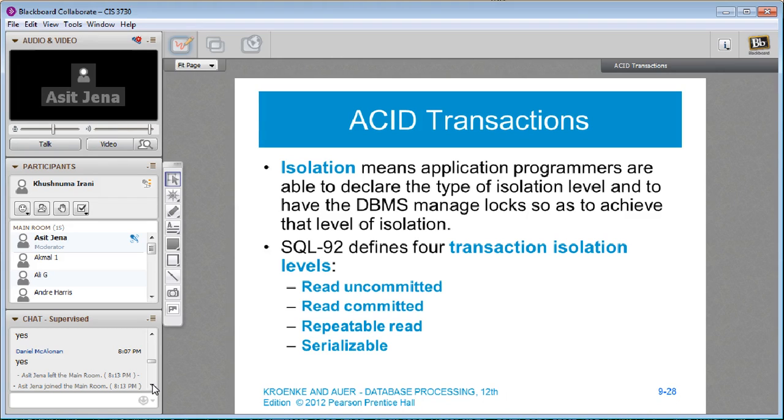I have been dropped at least 5 times. I have to sign back in again. Now this is frozen.